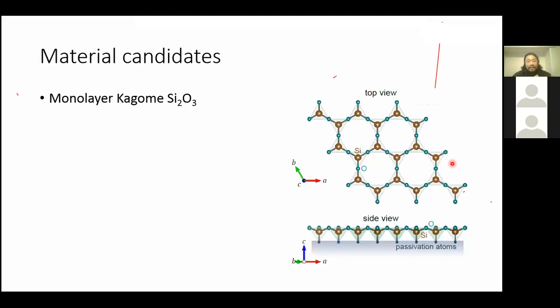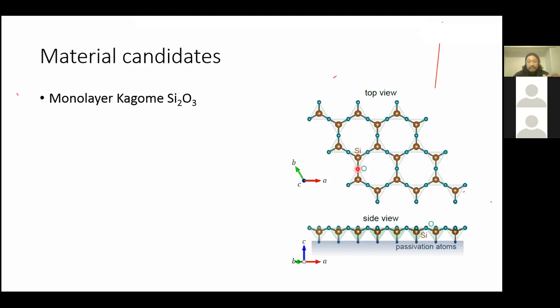So our candidate is actually an earth-abundant material called Kagome silicates, and they can form a monolayer. There are silicon-oxygen tetrahedra around these silicon atoms, and these oxygen atoms are in the same plane, and they form a Kagome lattice.